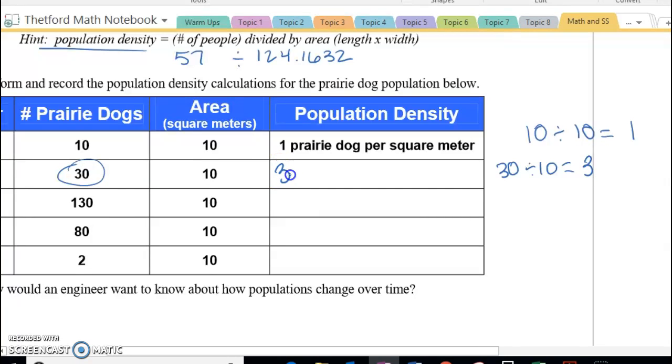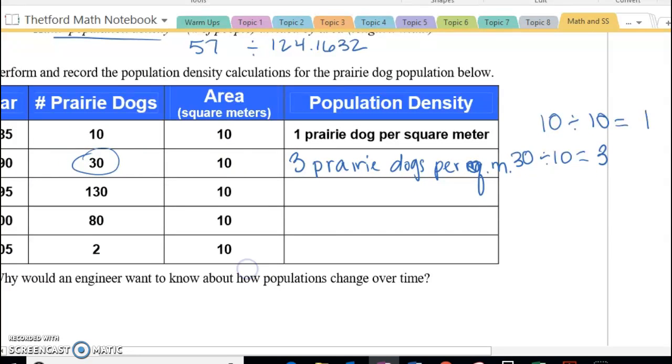So that means that there's 3 prairie dogs per meter, or per square meter. So that means that now, instead of getting 1 whole square meter to yourself, now you have to share it with 3 or 2 other prairie dogs.